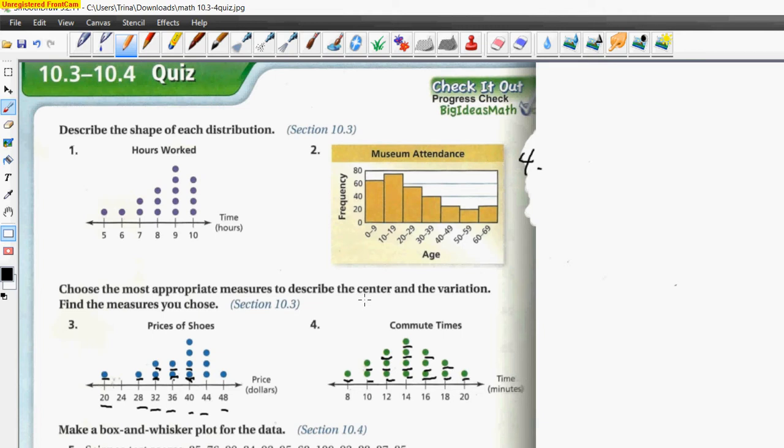There are 16 dots. That is going to be very significant in defining your mean. All right, let's write 16 down real quick. We're going to write that number down because 16 is going to be what? You got it. It's going to be what we divide by.